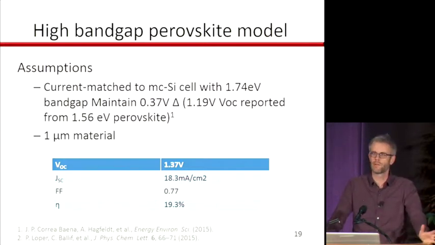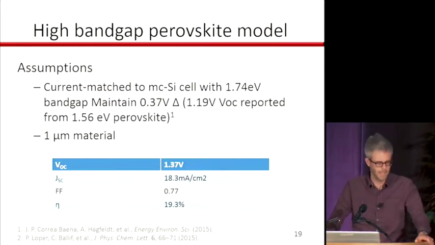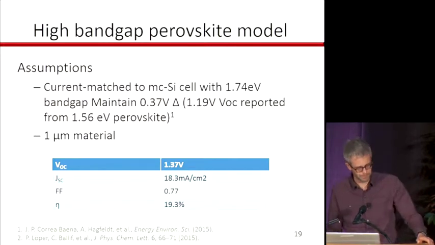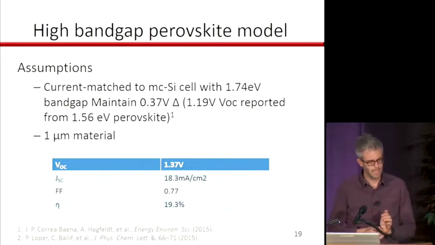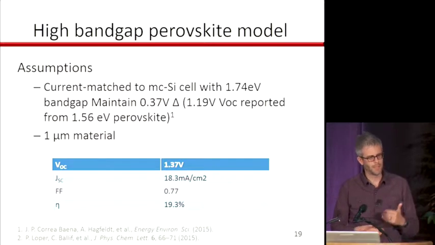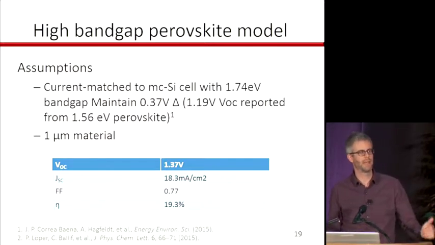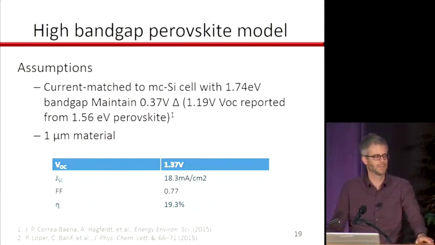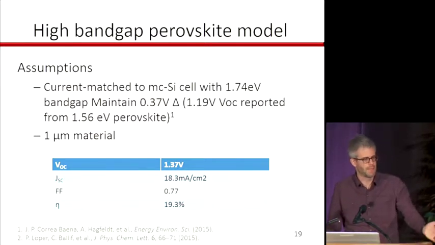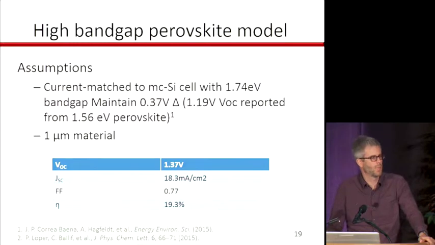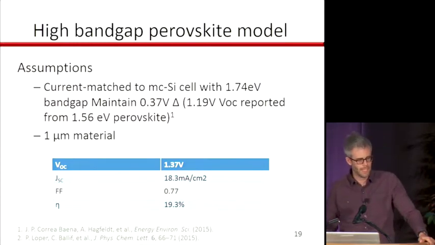If everything was working right, the optimal band gap would be 1.74 electron volts. And I think we now have a compound that can go close to that. And if the drop in voltage from the band gap down to the open circuit voltage can be maintained at 0.37 volts, then that means we would be able to get 1.37 volts for this device.